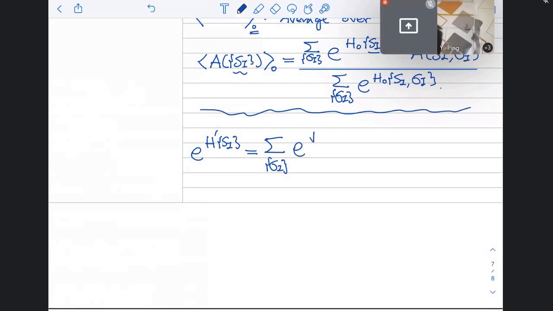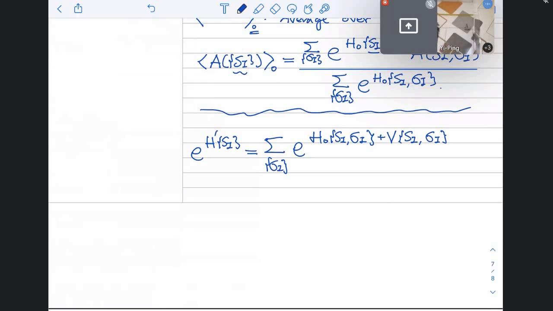Now we divide the Hamiltonian H into two parts: the part H0 that contains the decoupled triangles, and the part V that contains the coupling between them. They are all described by this little sigma I, and basically that's it. So we are trying to sum this expression.